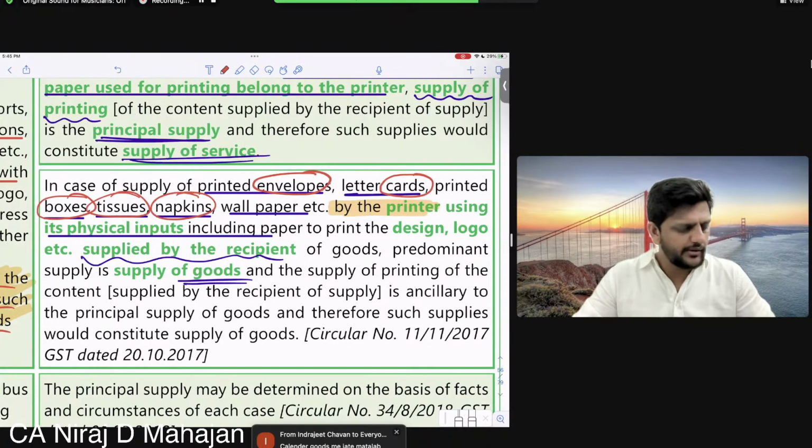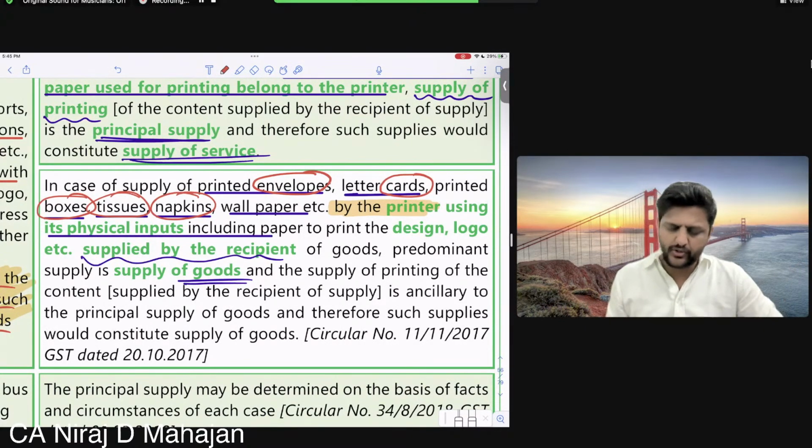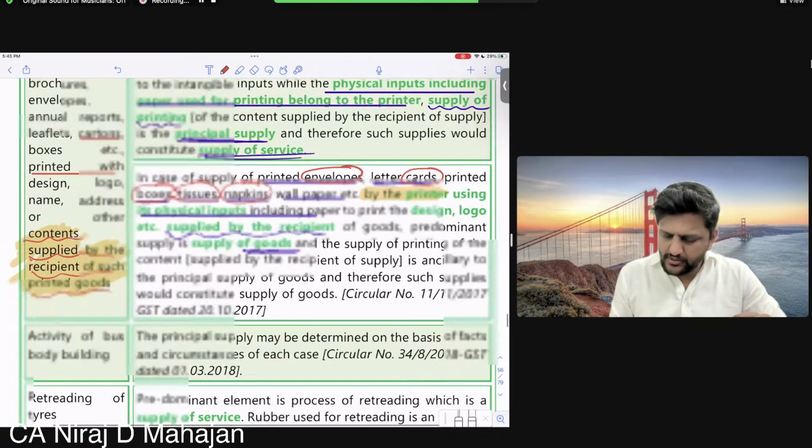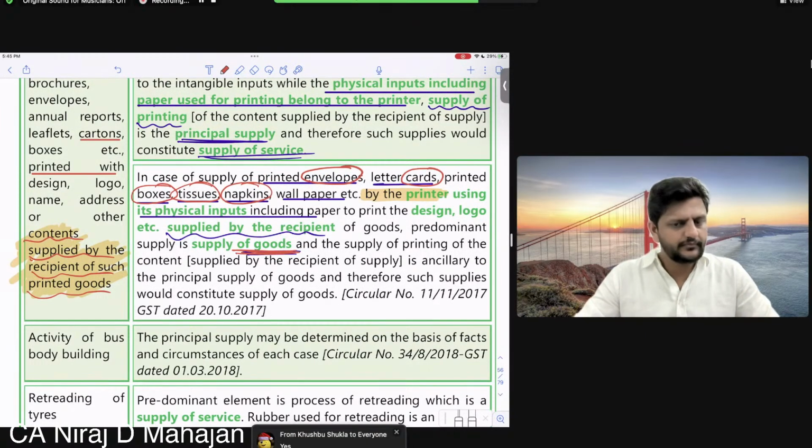This will be what? You are paying for the goods. The only difference is it is customized. Customized means you are giving your name, logo, etc. Clear till here? It will be considered as supply of goods. Understood? Done?